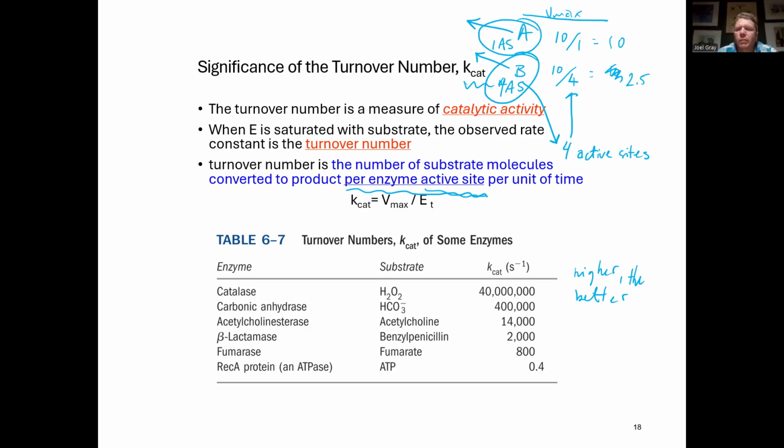Which active site is better, A or B? A, because A can do the job. It can convert 10 reactants to products in the same time that B has four active sites doing that same work.